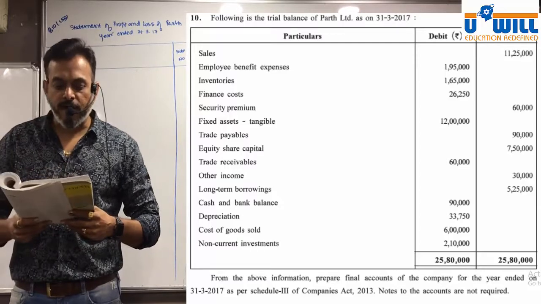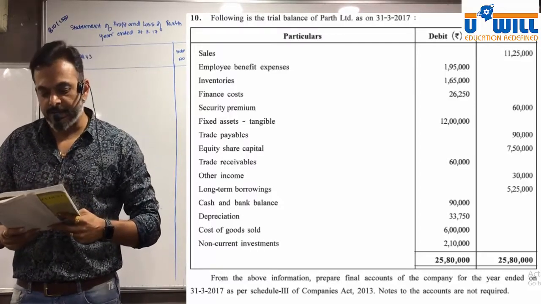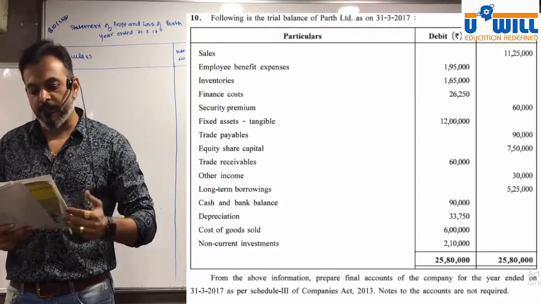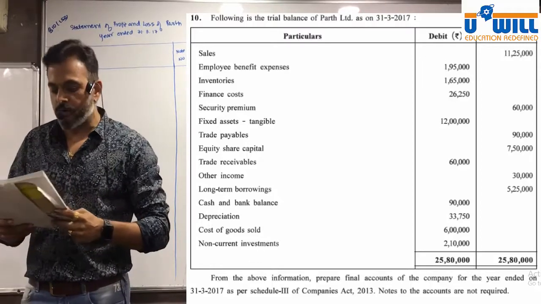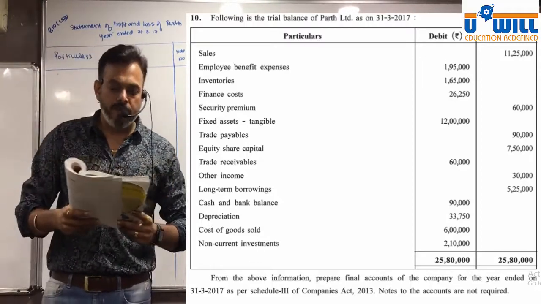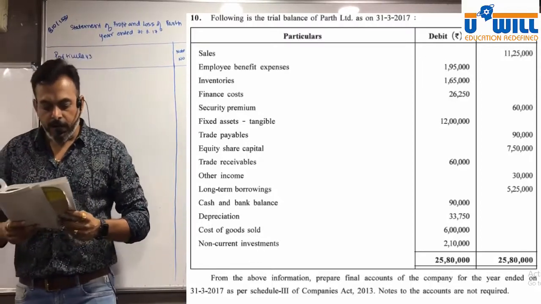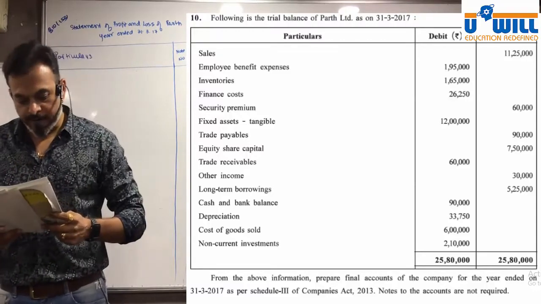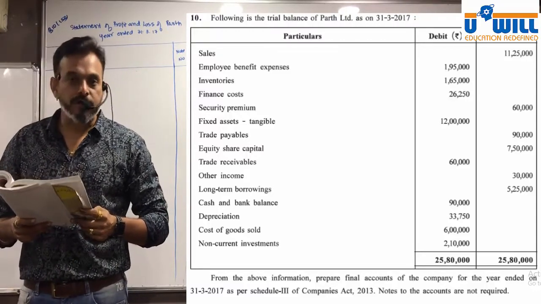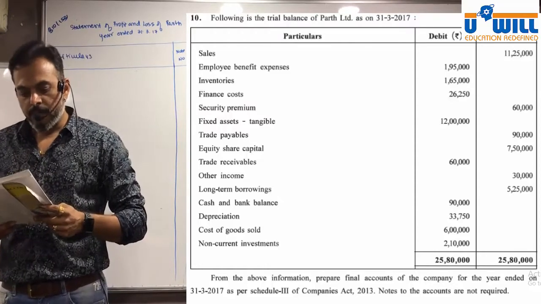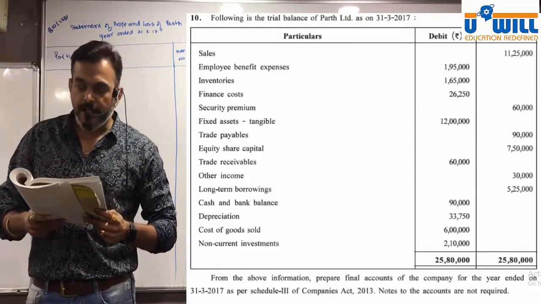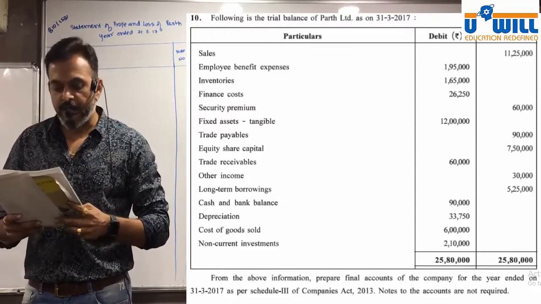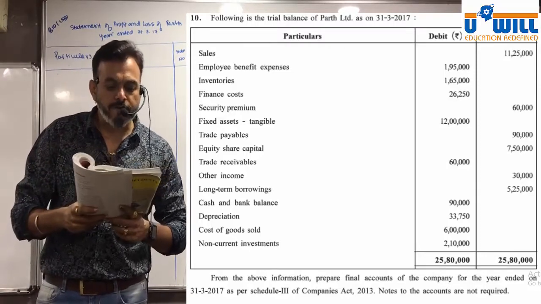Securities premium, reserve and surplus. Fixed asset, tangible, non-current asset. Trade payable, current liability. Equity share capital, shareholder fund. Trade receivable, current asset. Other income, profit and loss. Long-term borrowing, non-current liability. Cash and bank balance, current asset. Depreciation, profit and loss. Cost of goods sold.